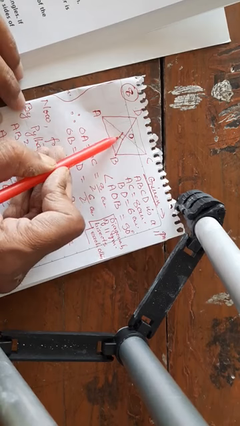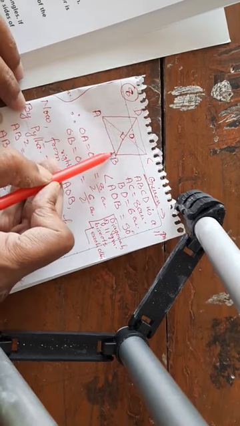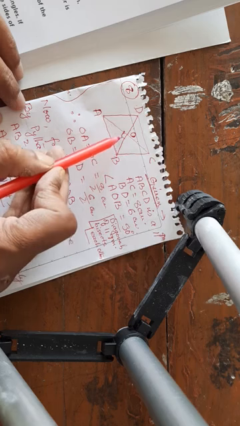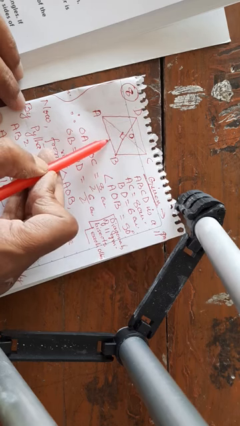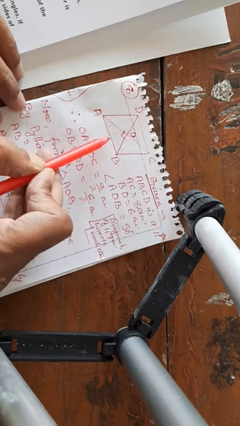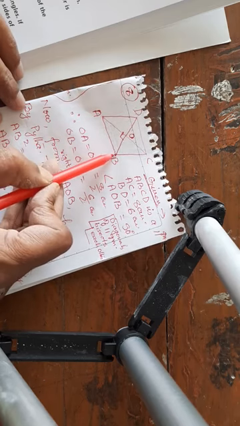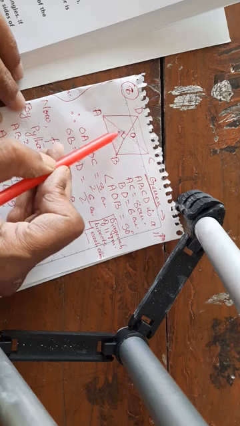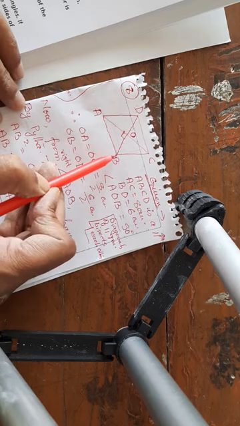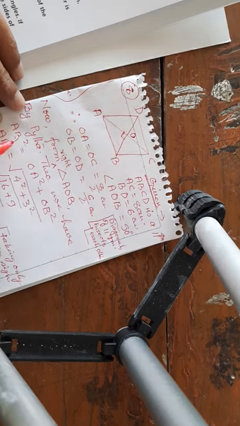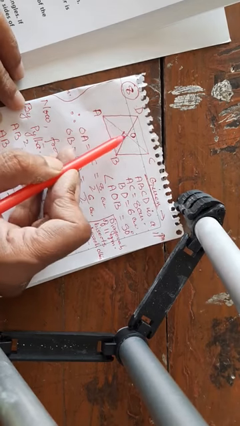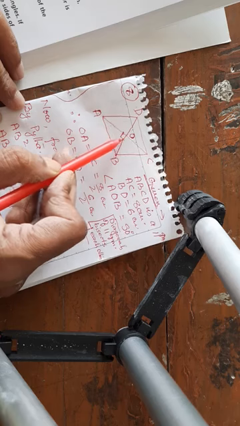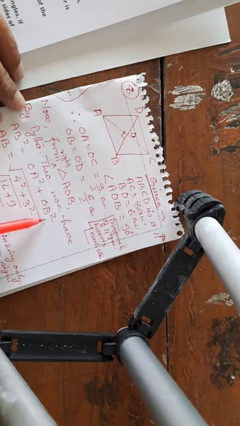This angle is 90 degrees, so AB is a hypotenuse. Side opposite to right angle is called hypotenuse. And AB square is equal to OA square plus OB square.